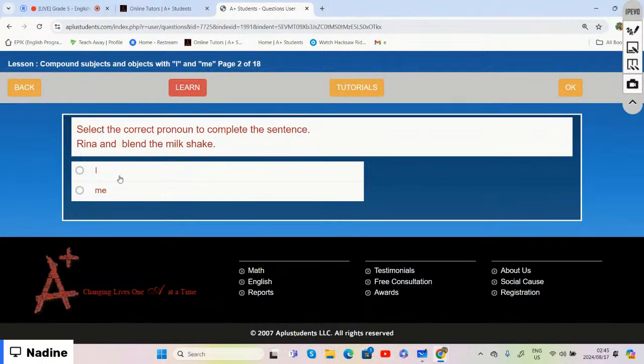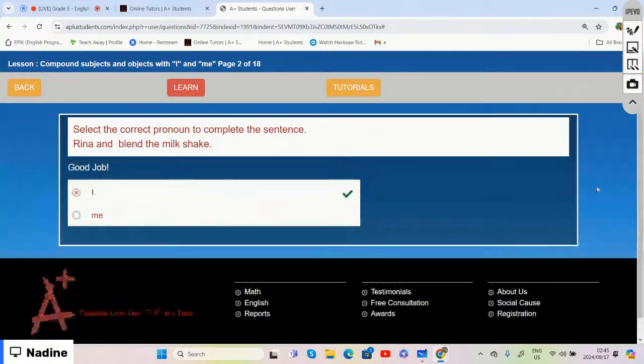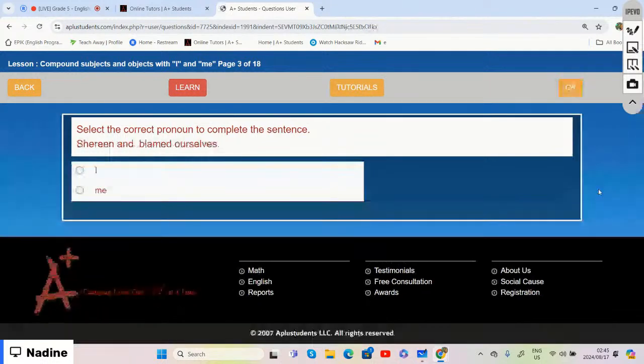So do we say Rena and I, or do we say Rena and me blend the milkshake? All right, so we say Rena and I, because even if we had to remove Rena, then we say I blend the milkshake.